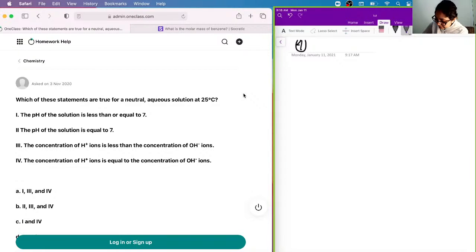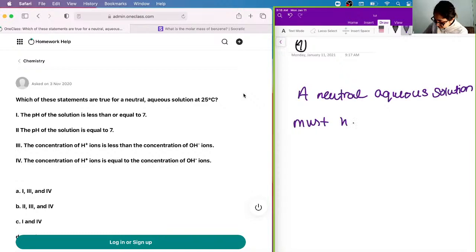Okay, so we can say a neutral aqueous solution must have a pH of 7.